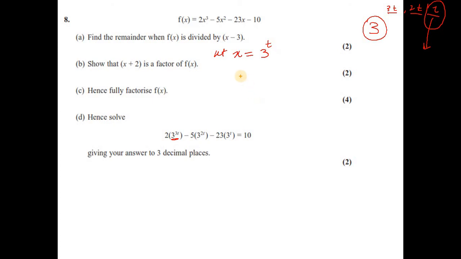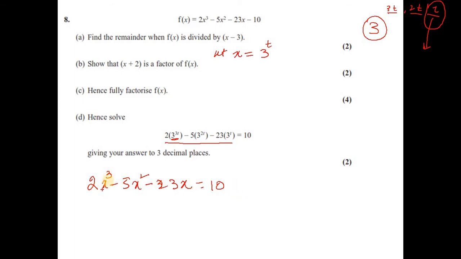That means I can rewrite the whole equation as 2x cube minus 5x square minus 23x equal 10.